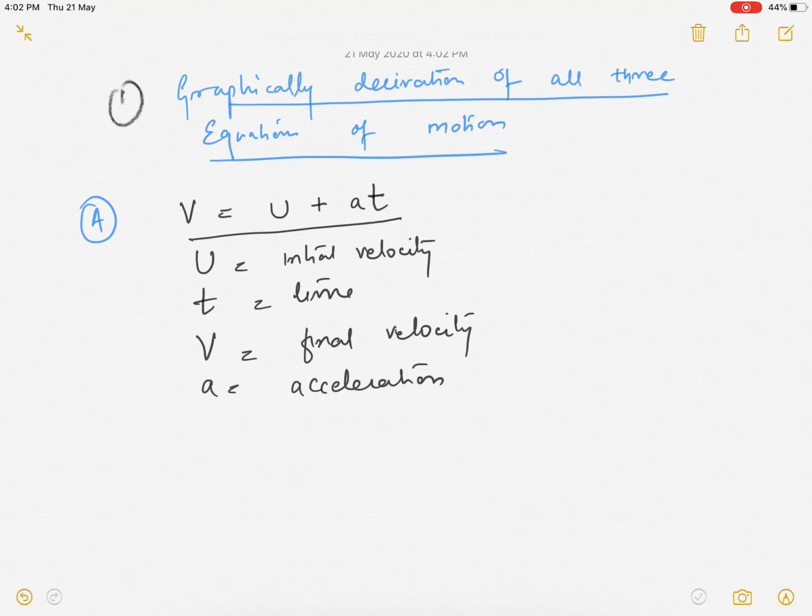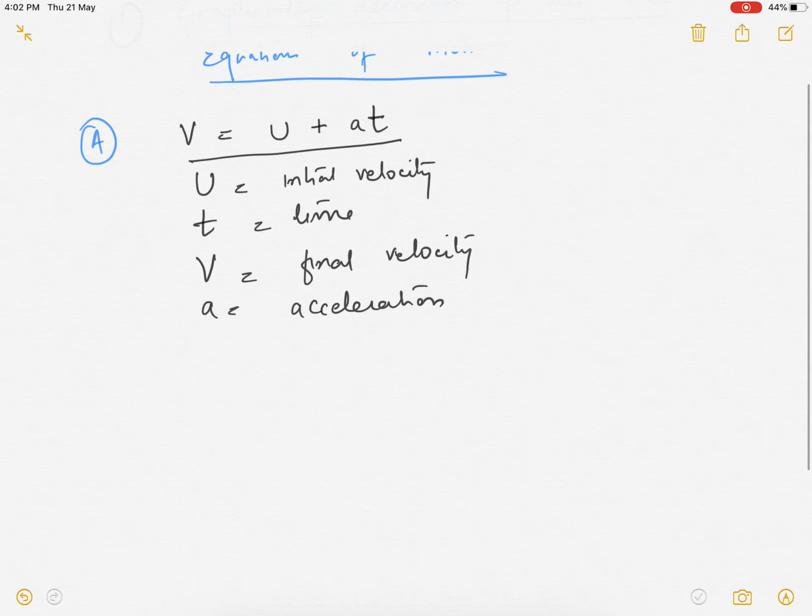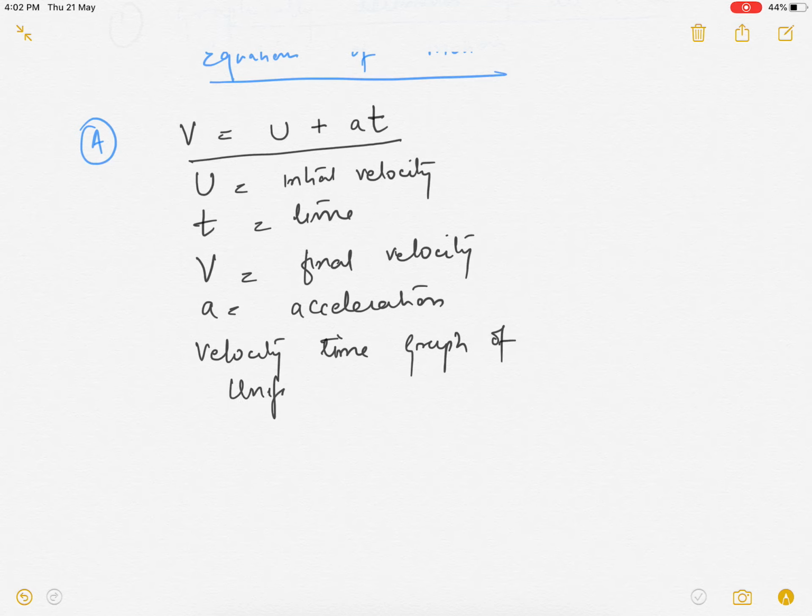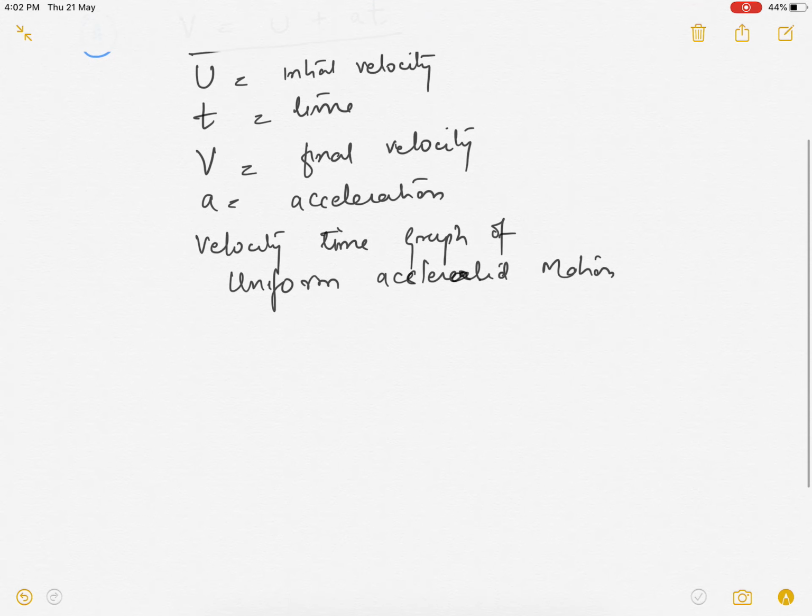because we have to derive graphically, we will take into consideration a graph of uniformly accelerated motion. Which graph? Velocity time graph of uniformly accelerated motion.